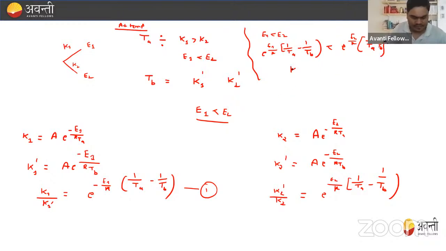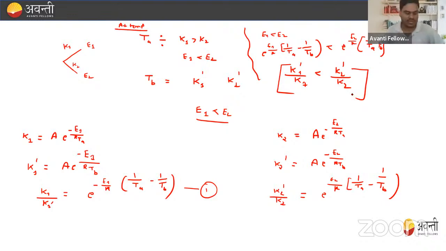So we can say that K1 dash upon K1 is less than K2 dash upon K2, right? So this is the relation that we get.